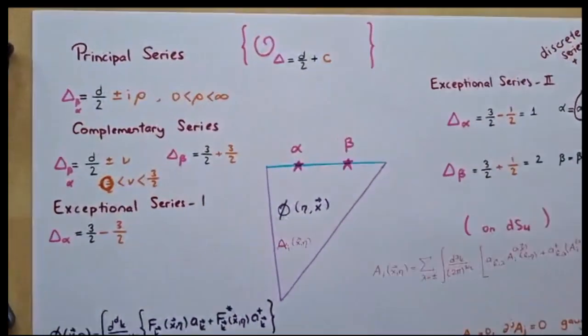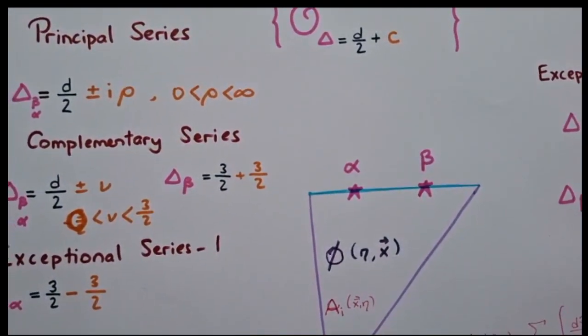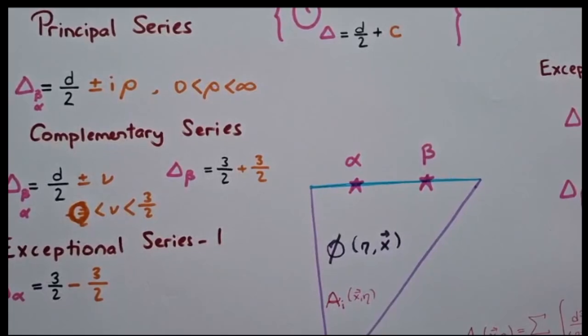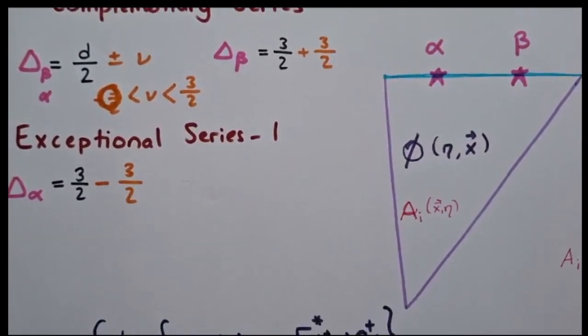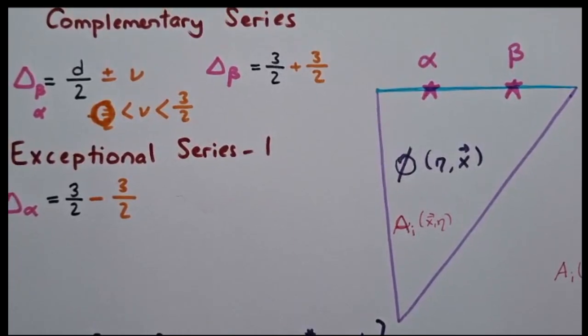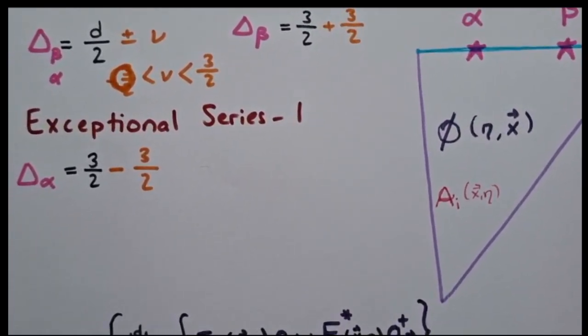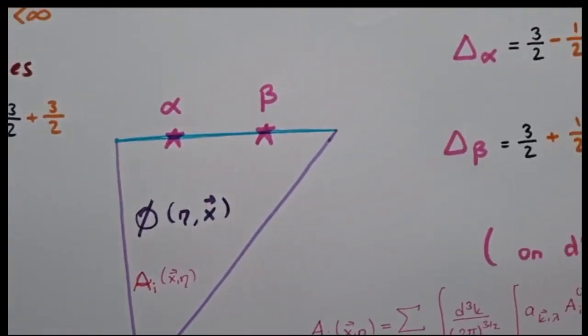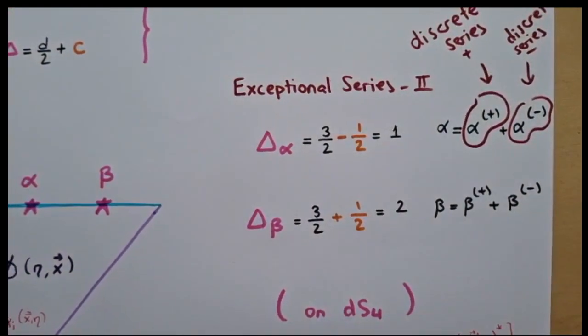We got principal series and complementary series in various dimensions: principal for heavy, complementary for light scalars. And we found exceptional series 1 representation from the massless scalar on 4D, and exceptional series 2 representations from the massless vector on 4D.